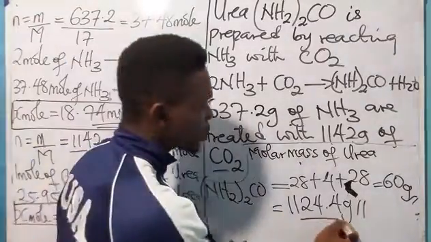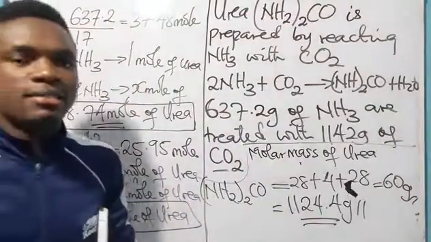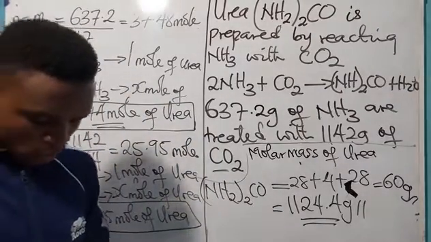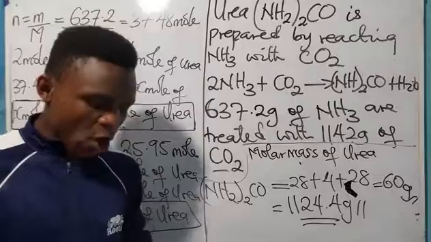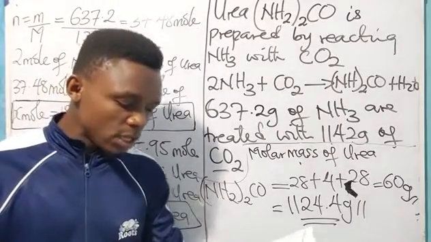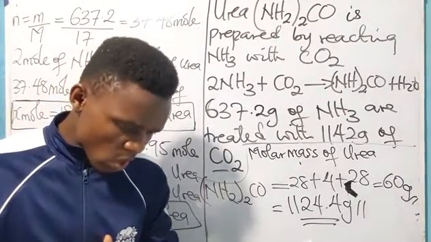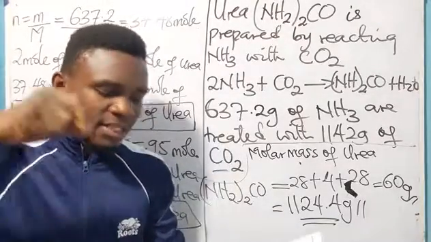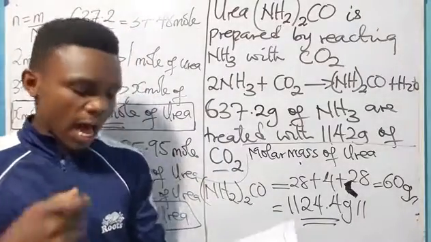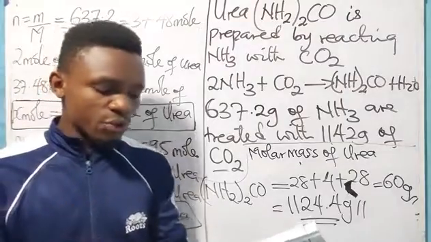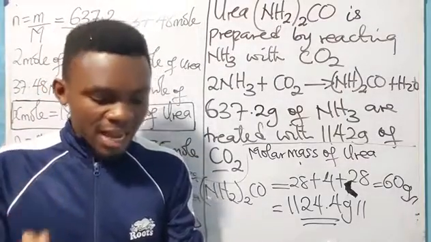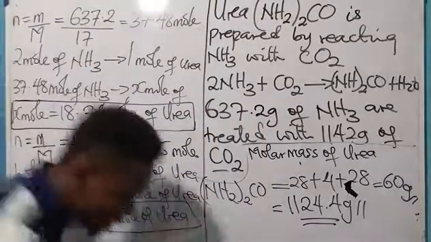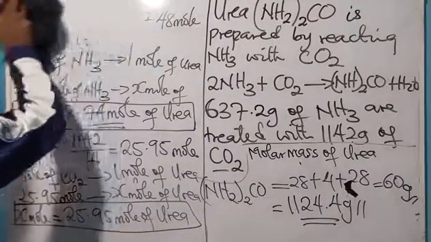Very, very easy. Just follow it step by step. The last one says, how much excess reagent is left at the end of the reaction? Just as we solved initially, you know what to do.